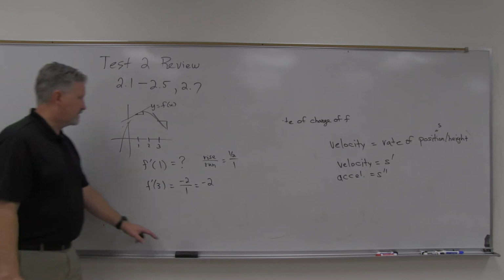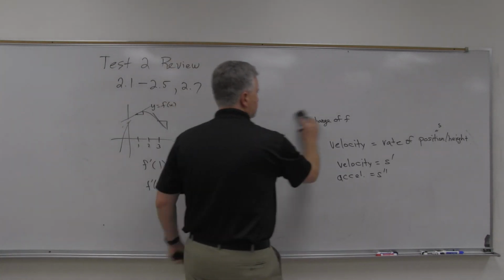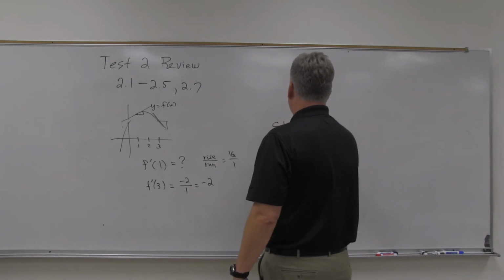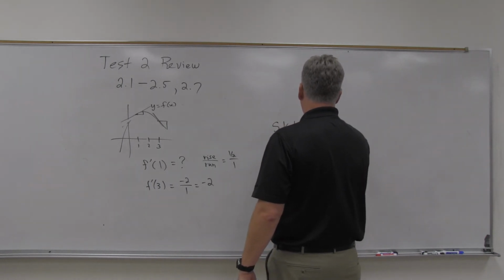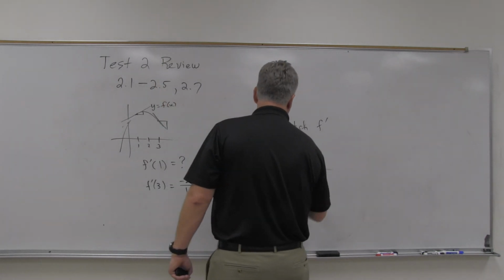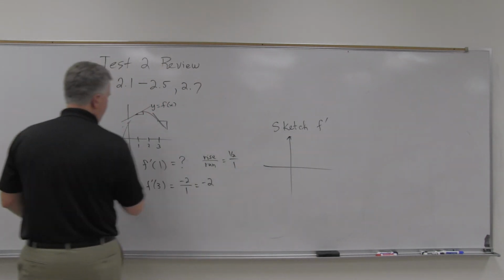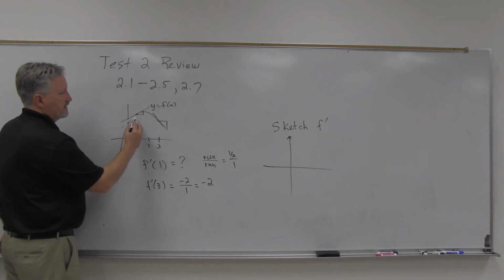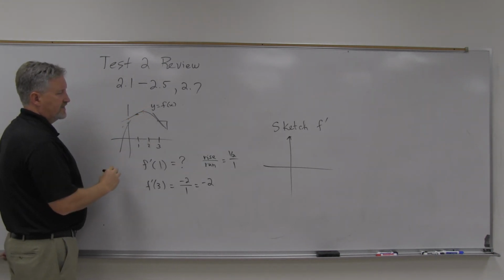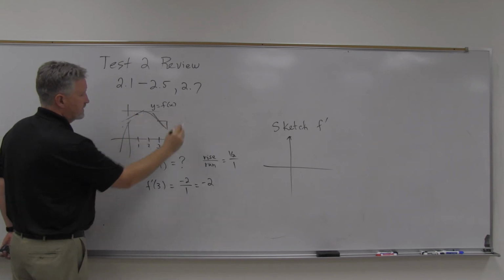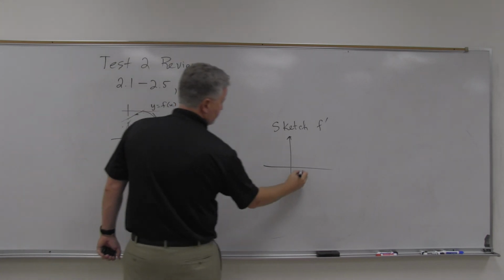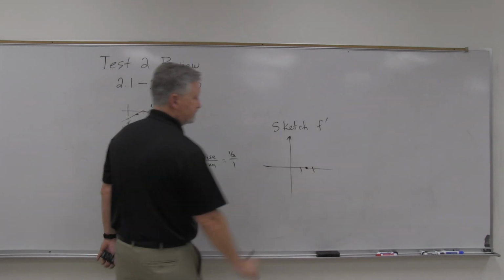And then, of course, if I wanted to sketch f prime here, I'd be able to do a whole graph of f prime. And remember, what I'm looking for is just what I've got graphed here. If I sketch f prime, one thing I'm looking for is these horizontal tangents, because it looks like at 1.5 I've got a horizontal tangent.